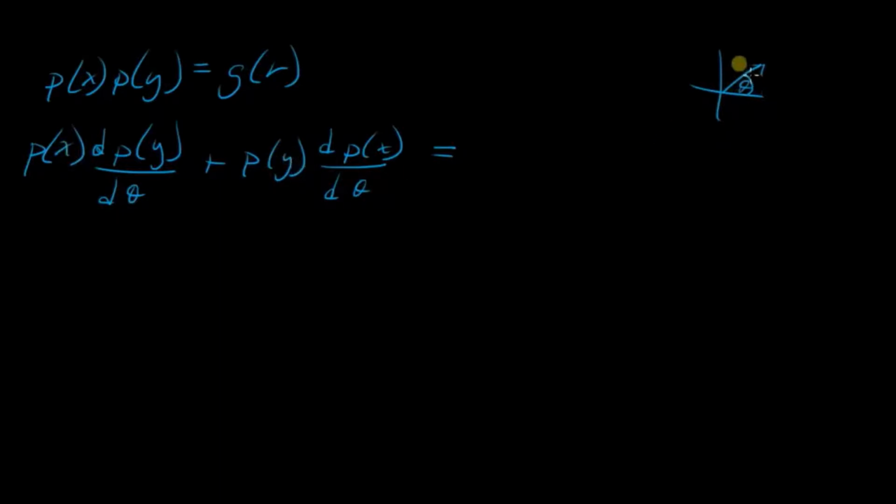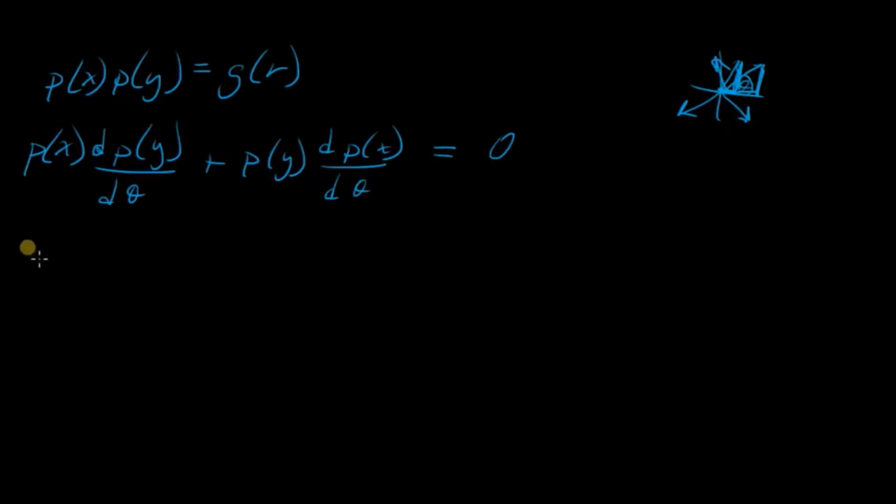If you have a different angle here, then your x and your y are going to be different than if they were out here. So theta does influence x and y, but theta does not influence radius. This radius could be anywhere, and the length of it is not affected by theta. So there is no slope other than 0 between these. So when we differentiate radius with respect to theta, we just get 0.